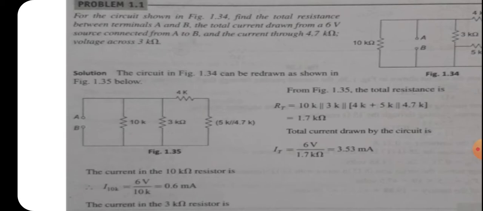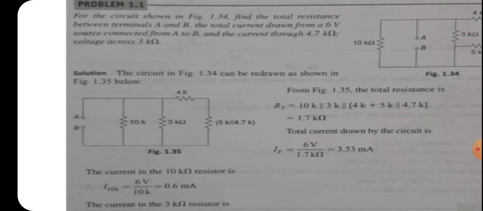Then again, the series combination of these two resistors is in parallel with 3 kilo ohm. So in the next step you can write 3 kilo ohm in parallel with the series combination of 4 kilo ohm plus 5 kilo ohm parallel to 4.7 kilo ohm. Then the combination of these three resistors can be replaced by a single resistor, and that resistor will be in parallel with 10 kilo ohm.